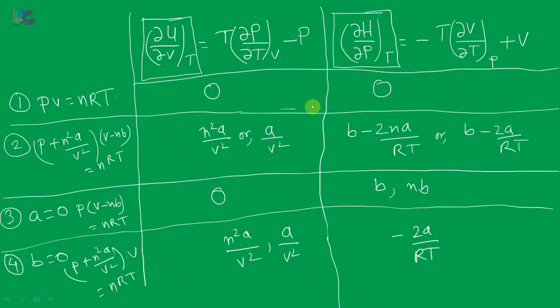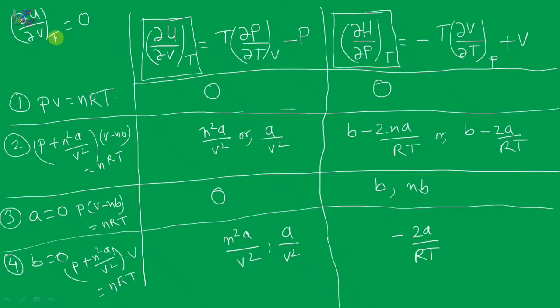Now if you closely look into the results of these 4 gas equations and analyze them, suppose I tell you that you are getting a result that del U del V at constant T is equal to 0.